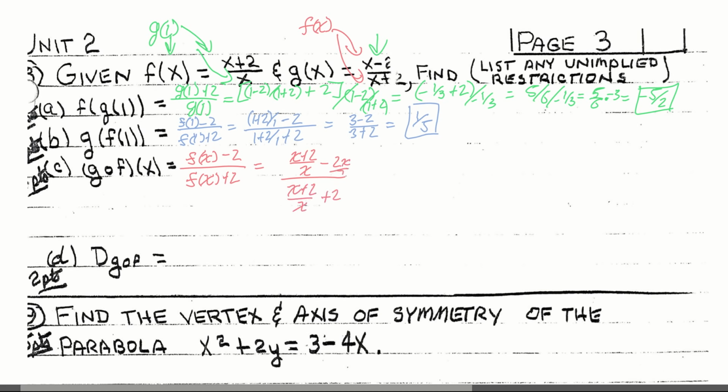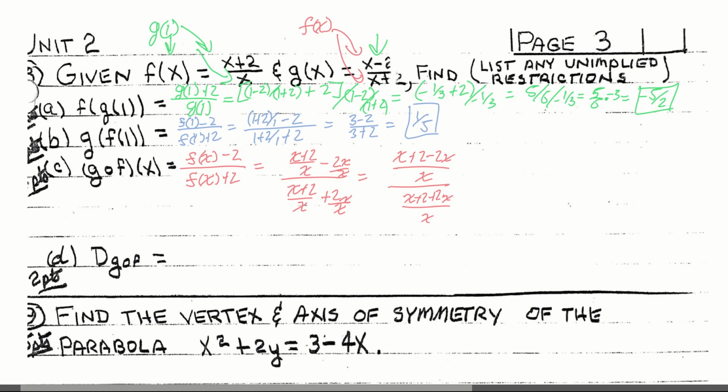Get a common denominator for the 2 in the numerator and denominator. So it's x over x multiplied by x over x. You then are able to get x plus 2 minus 2x all over x, plus 2 plus 2x all over x.